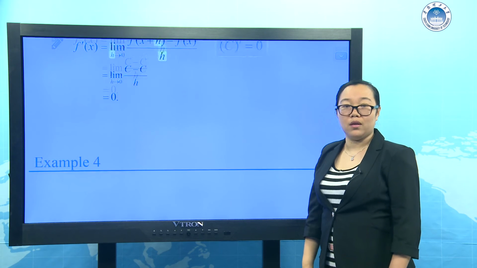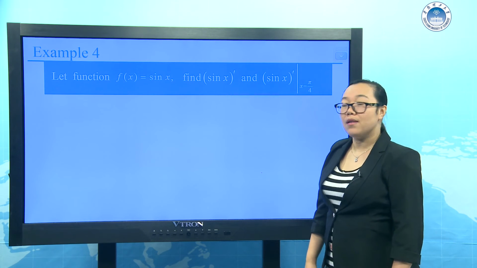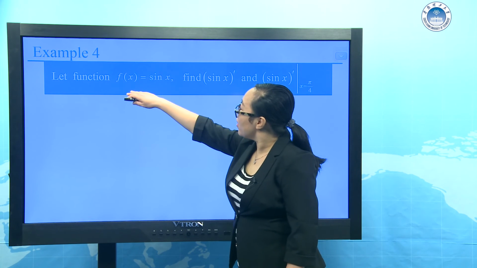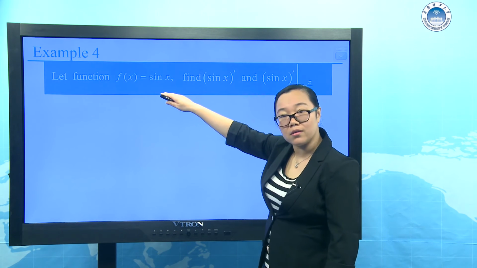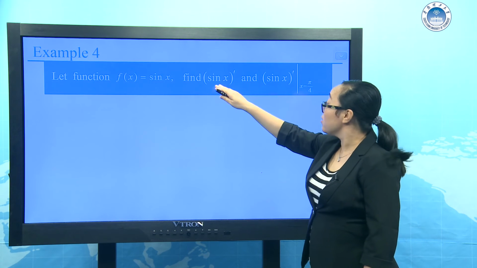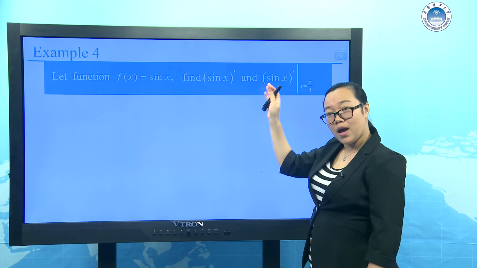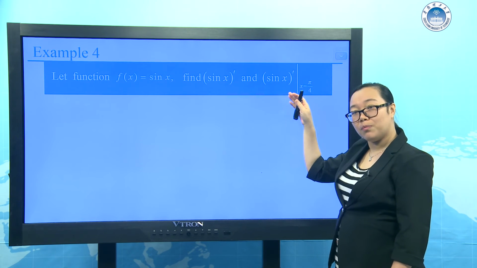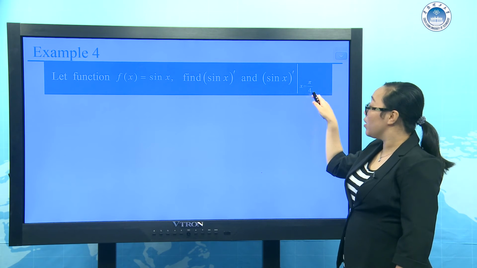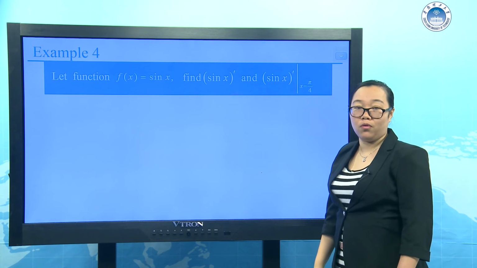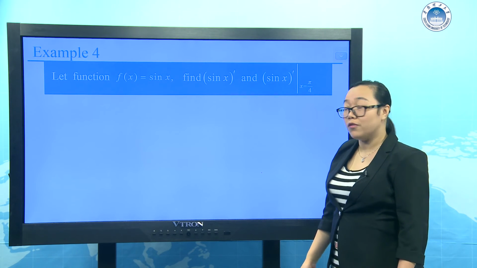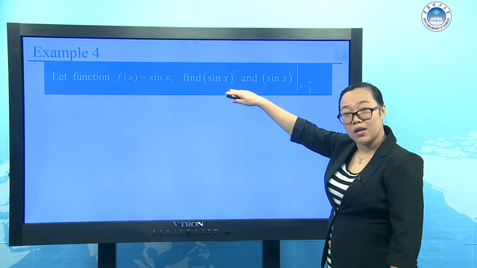So now look at example 4. Let the function f(x) equals sin x. Try to find sin x prime and the corresponding derivative value at the given point, pi over 4. How to do? The first, according to our definition.